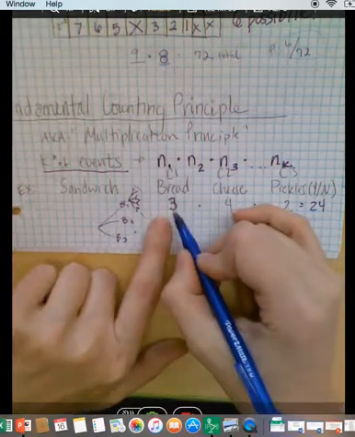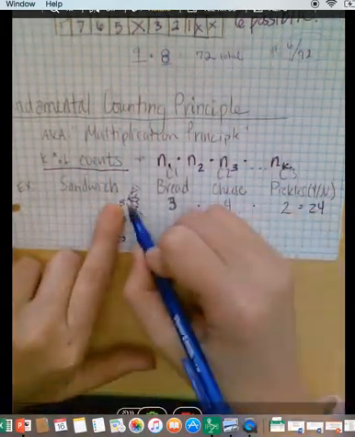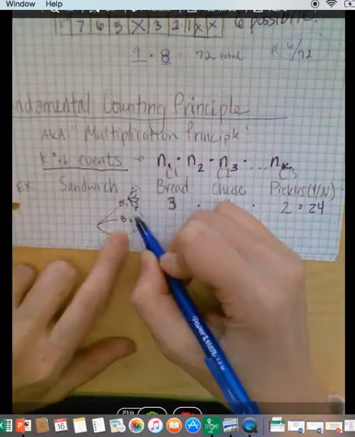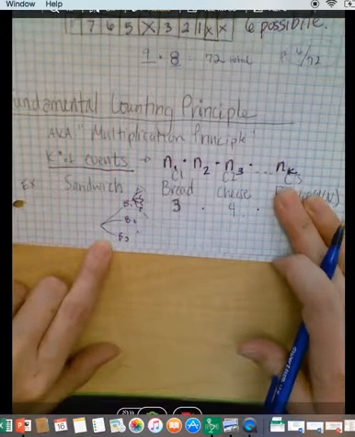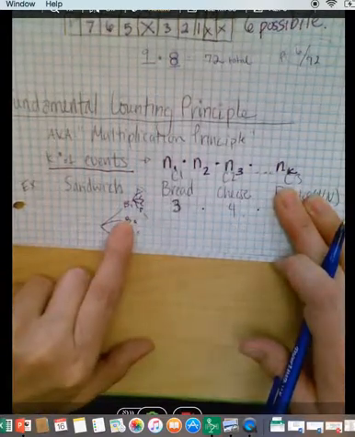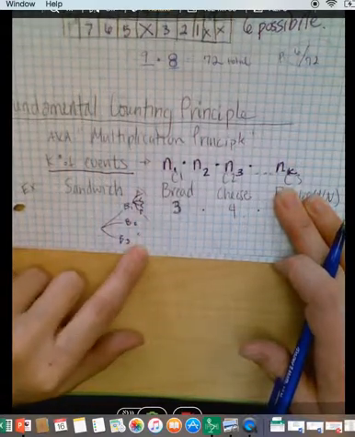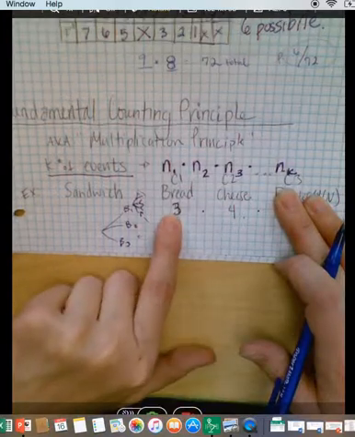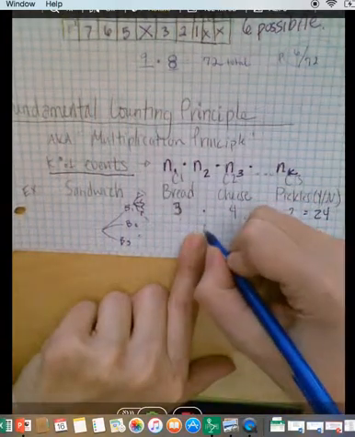So if there's 3 different possibilities for bread, I could build 1, 2, 3. 4 cheeses off of each one of these would be 4 off of this one, 4 off of this one, 4 off of this one. So if I were just looking at those 2 options, then I would have 3 different options with 4 subsets off of those, which would give us 12 possibilities.